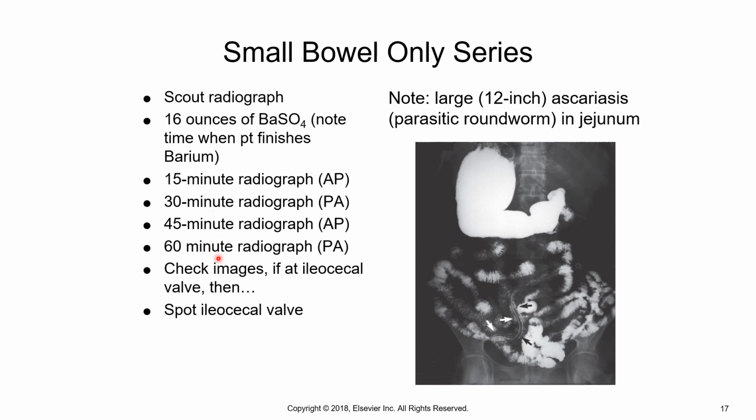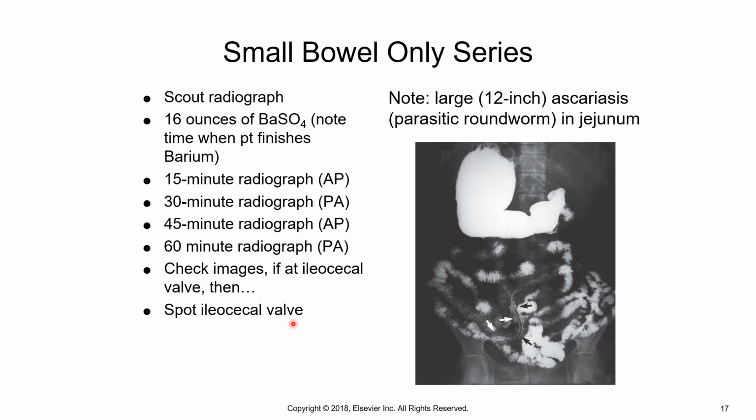Okay, so that is our routine. Once we finish the 60, we check. If we're at the ileocecal valve, then we set up for fluoro and they take a spot image of the ileocecal valve. If we're not at the ileocecal valve after 60 minutes, then we're typically told how long to wait to get another image.